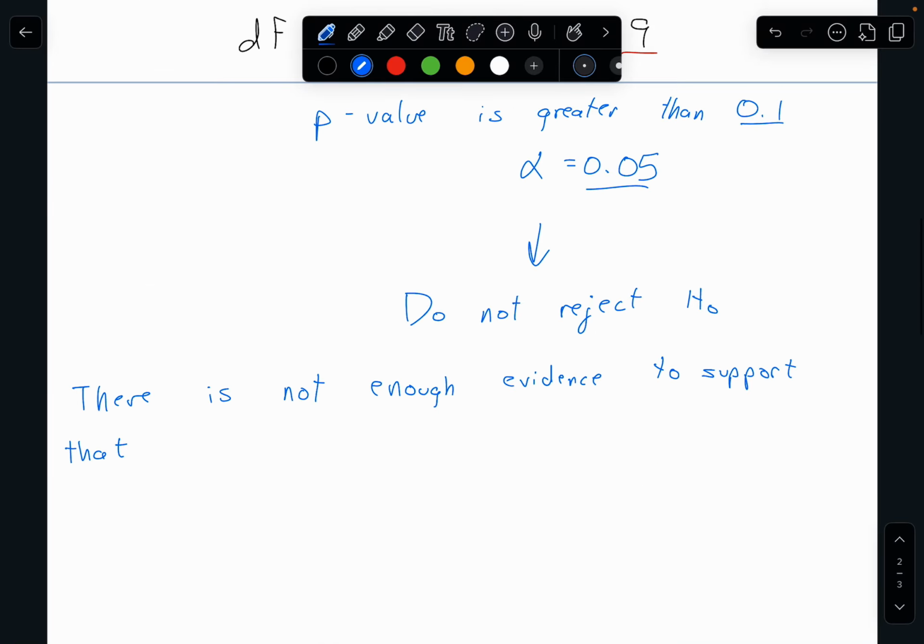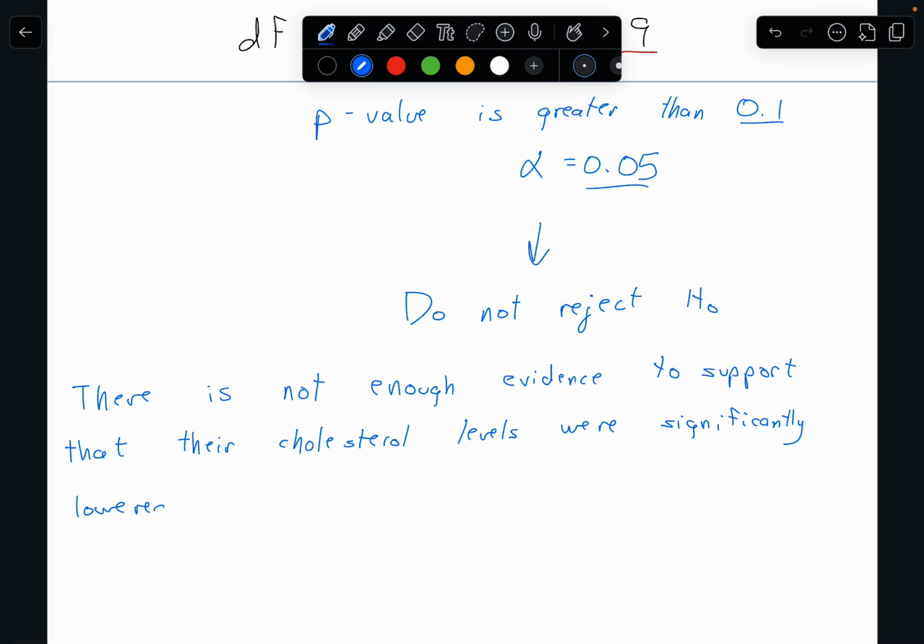So there is not enough evidence to support that their cholesterol levels were significantly lowered. And there we go. That's the end of our problem.